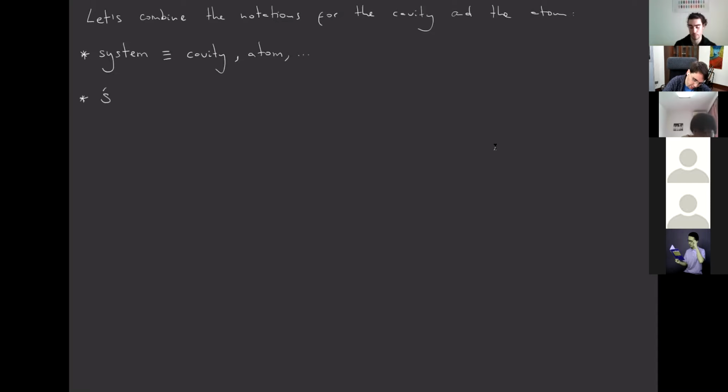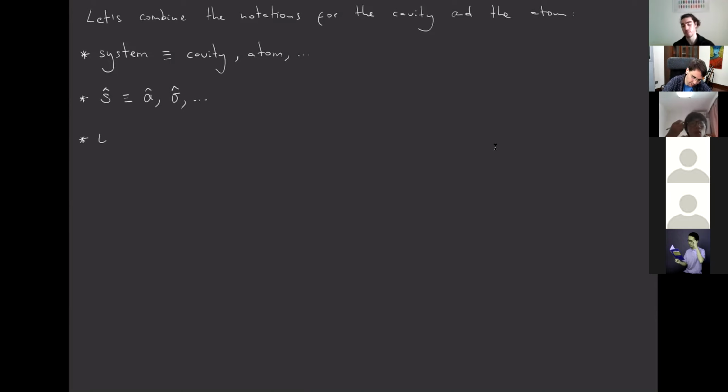Then we will denote the operators that create transitions, okay, in the free Hamiltonian of our system, we will denote them by S. And this means that it's the annihilation operator for the cavity or the lowering operator for the atom, okay, and so on.